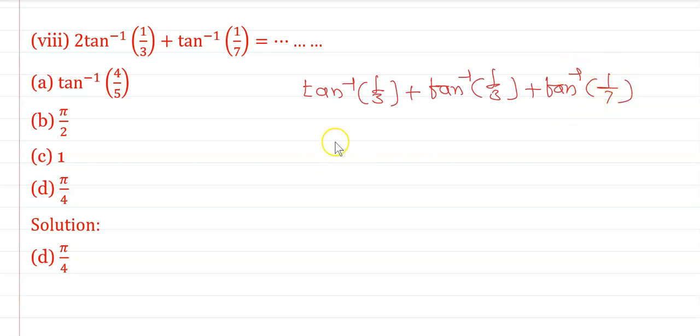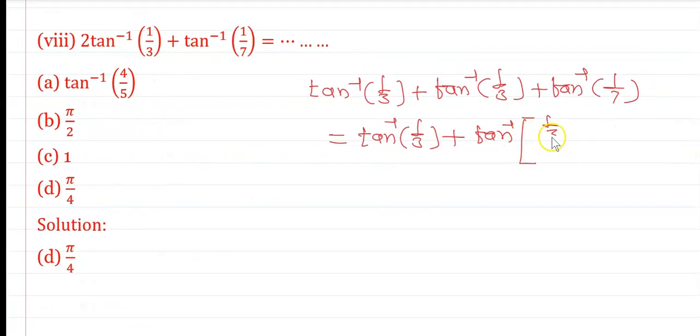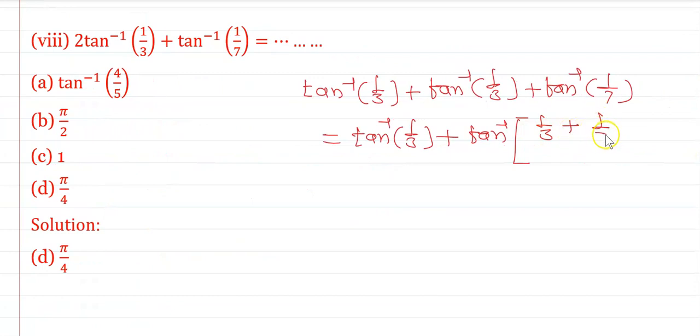This question is very important because it has 8 sub-questions, 16 marks. Okay, we will do the simplification. That is tan inverse of 1 upon 3 plus, and this is the tan inverse of x plus tan inverse of y. Therefore, here you will get tan inverse of 1 by 3 plus 1 upon 7 upon 1 minus 1 by 3 into 1 upon 7.